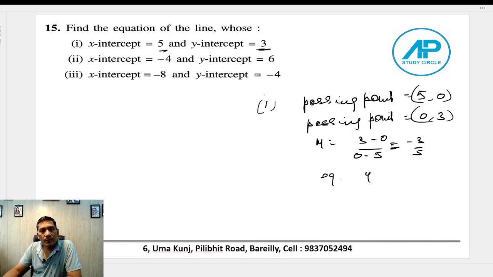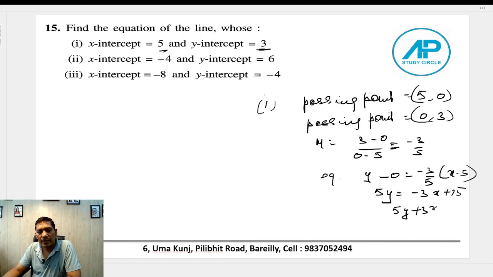Equation y minus 0 equals to minus 3 upon 5 times x minus 5. You can leave it here, 5y plus 3x equals to 15.